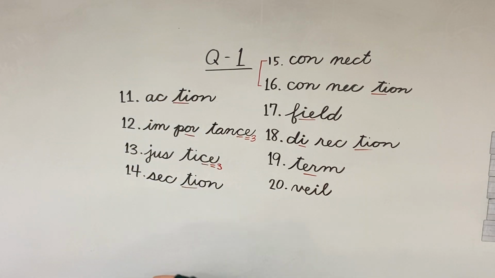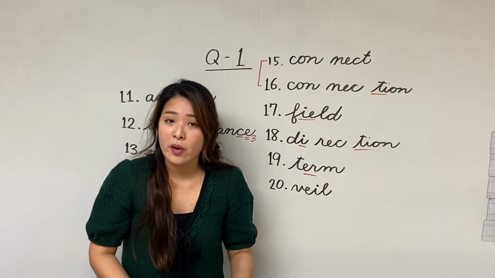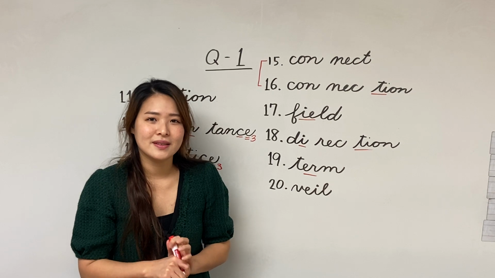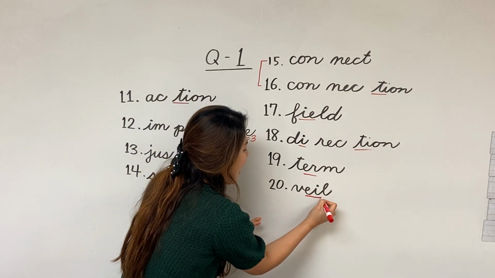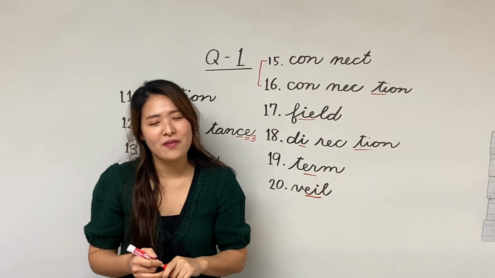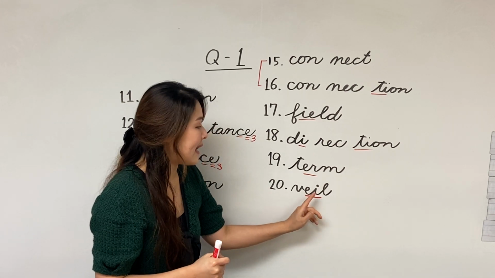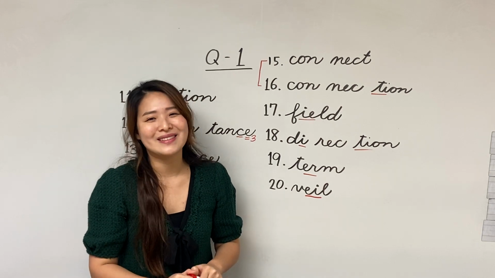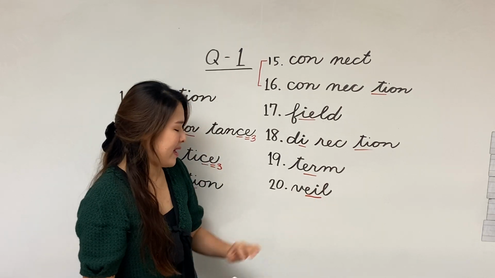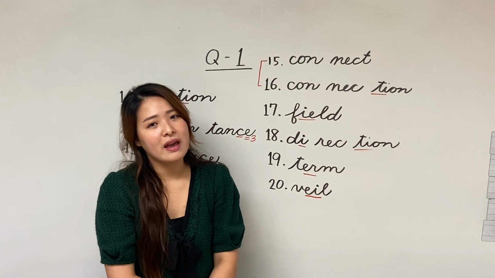Oops. Now, what kind of marking do we have here? We have to underline the E-I because it's a multi-letter phonogram. Remember that E and I usually makes the A sound. Okay? Veil.